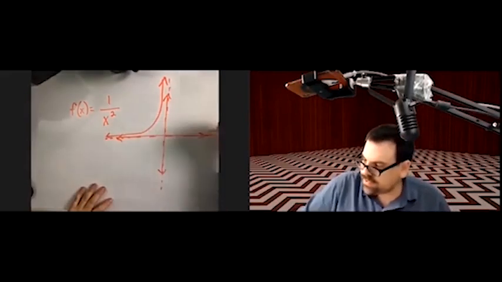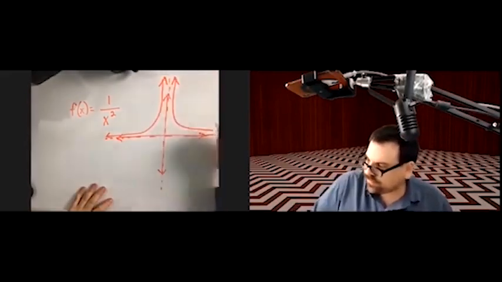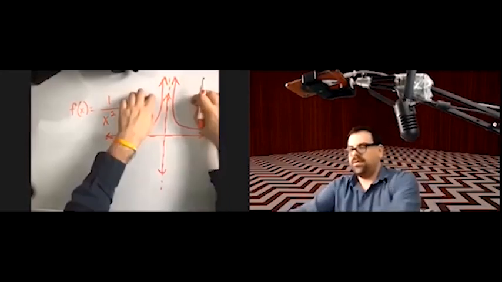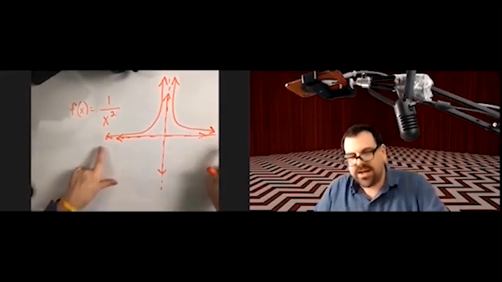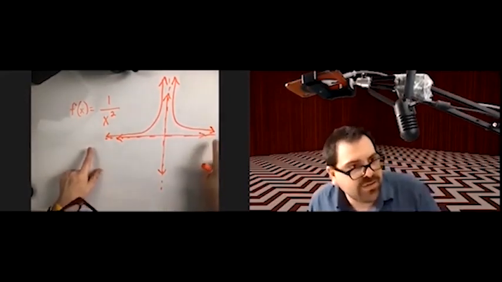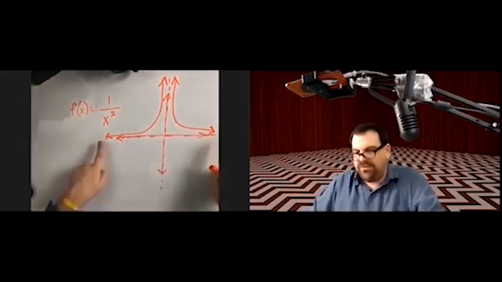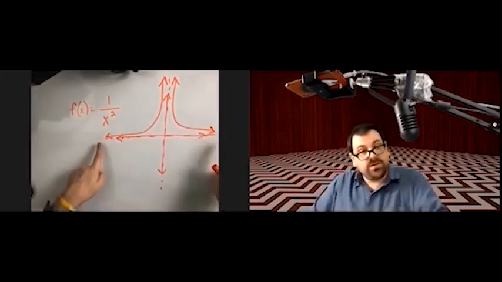But these are in side-by-side sections. So as x approaches infinity and as x approaches negative infinity, f of x approaches 0.